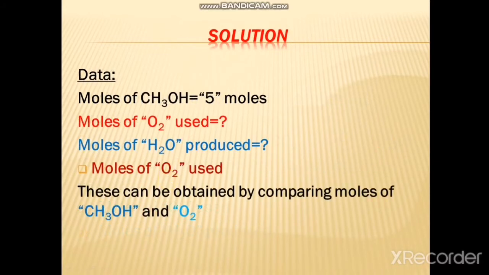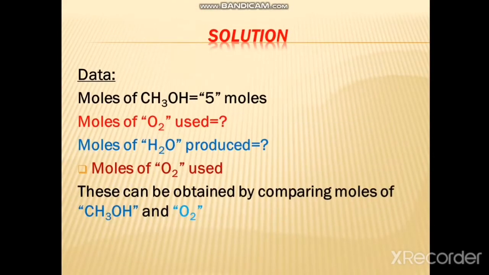So students, for doing such calculations, you have to compare reactants with reactants, reactants with products, and so on. So for the calculation of moles of oxygen, you have to compare the moles of methanol with the moles of oxygen according to the balanced chemical reaction.